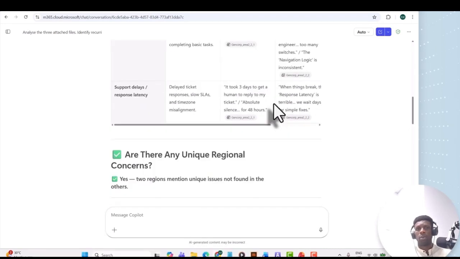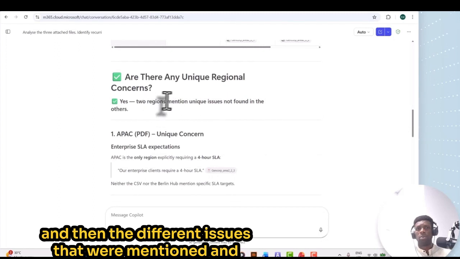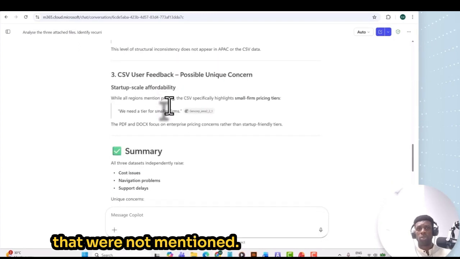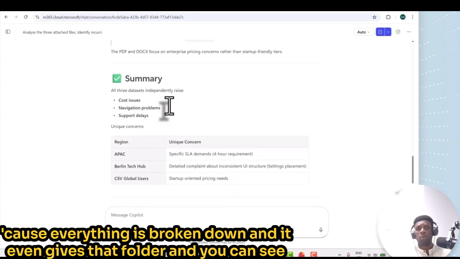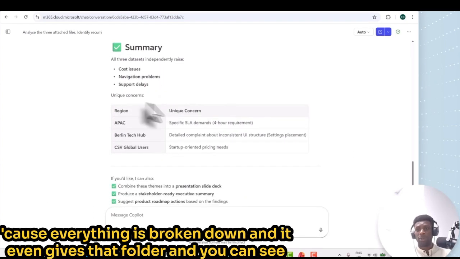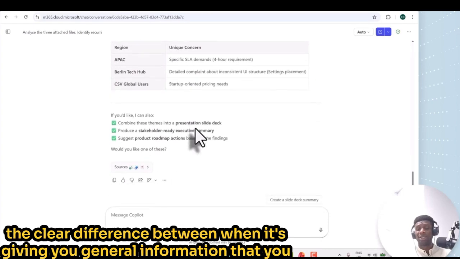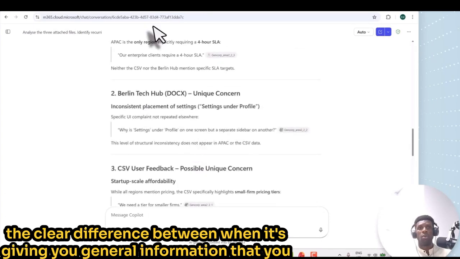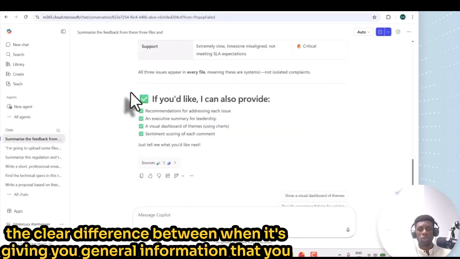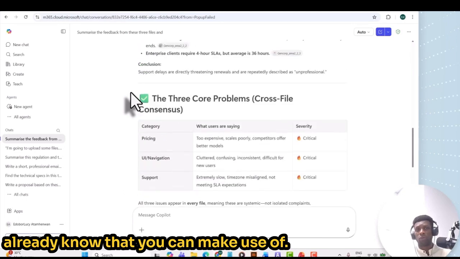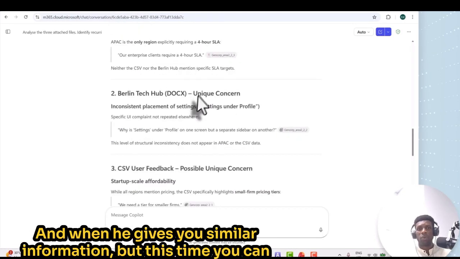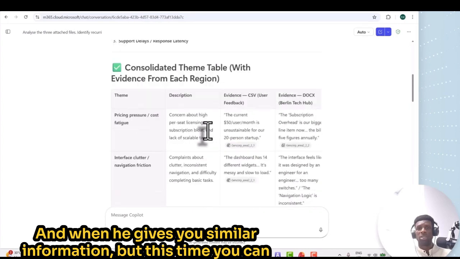And then the different issues that were mentioned and that were not mentioned. Because everything is broken down, and it even gives that further. And you can see the clear difference between when it's giving you general information that you already know, and when it gives you similar information, but this time you can make use of it.